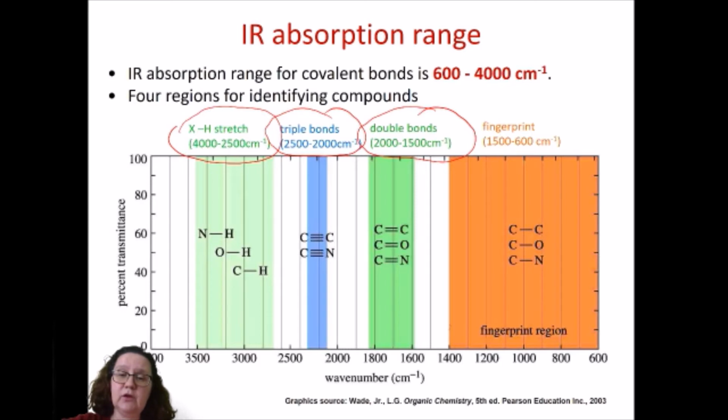Finally, the 1,400 to 600 is what we call the fingerprint region, and single bonds appear in this area, and it's quite commonly very difficult to interpret unless you have access to a database.